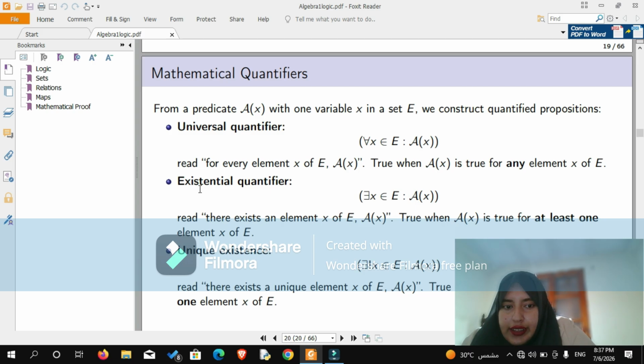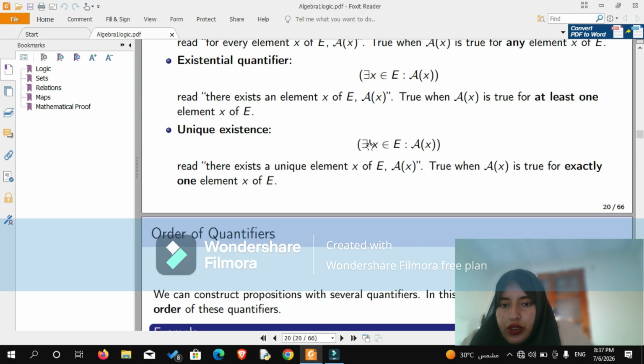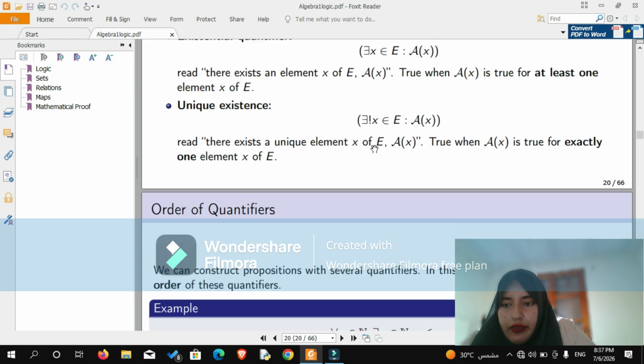And the existential quantifier: this flipped E is read 'there exists an element x of E such that A of x'. This means there exists at least one or more. If we put this symbol right here, this combination means there exists a unique element x in E such that A of x.